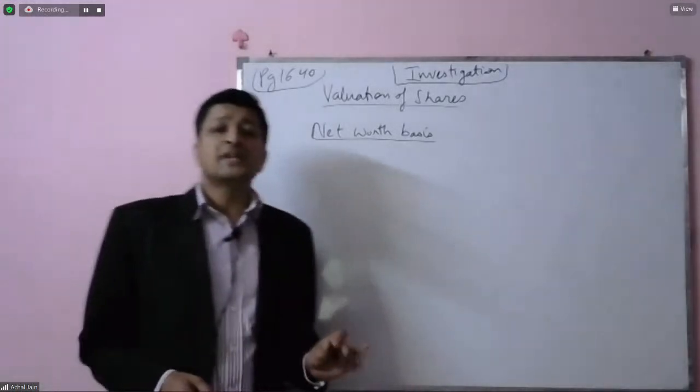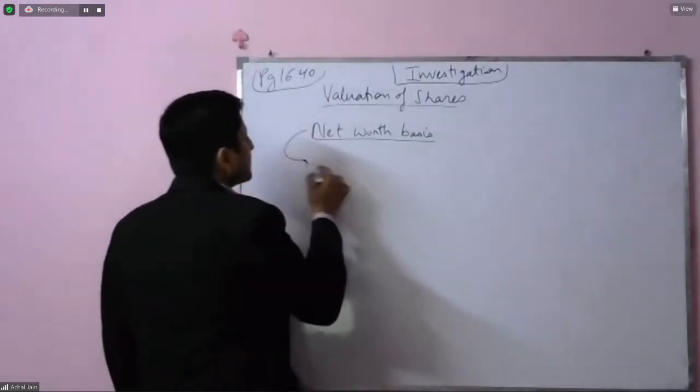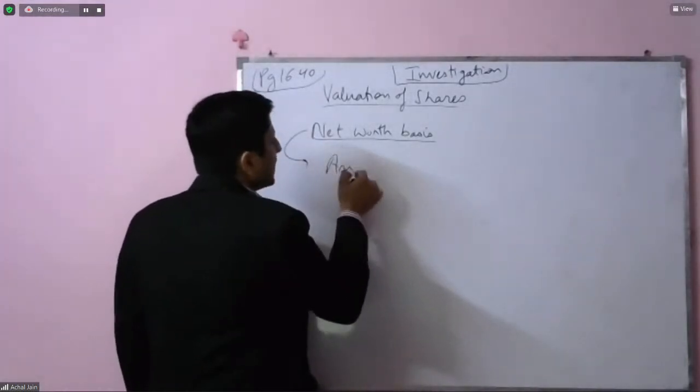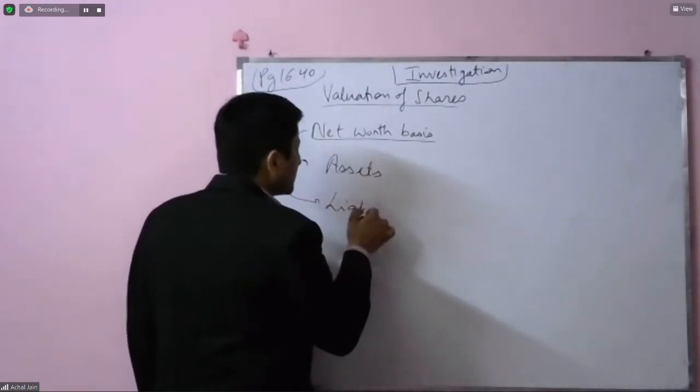That means what has been the basis of computation of net worth. There are various factors on the basis of which net worth will be computed, and of course those include assets and liabilities.